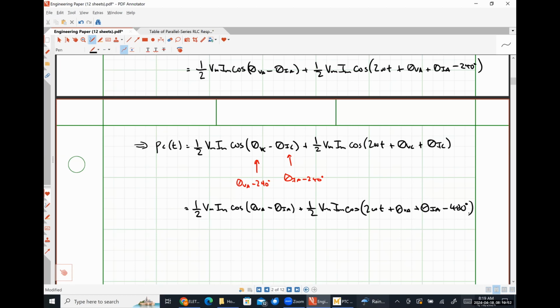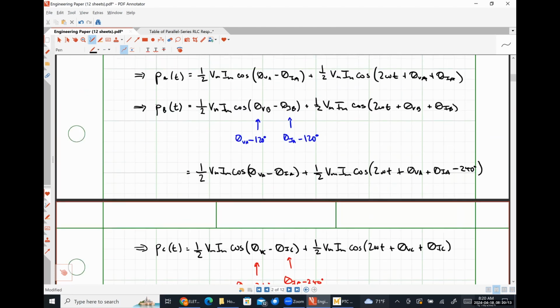So let's subtract 360, so 120, okay? So I can change this 480 degrees right here from negative 480 to negative 120. It changes absolutely nothing because I know that there's 360 degrees in a full cycle, right? So I have, let me underline things right here.